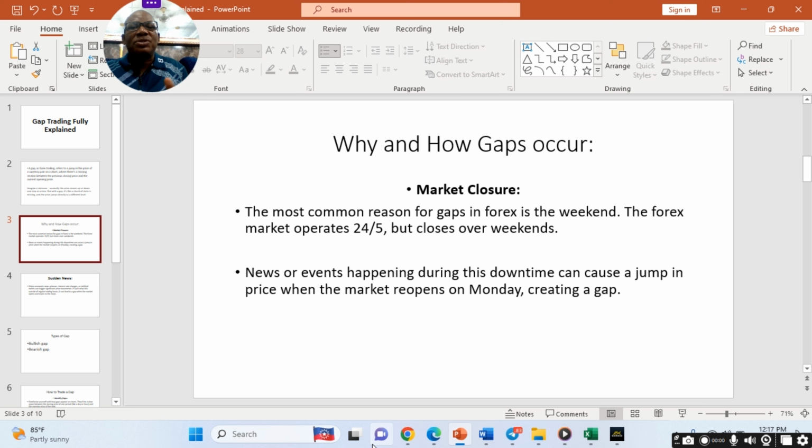Or the market is going on ordinarily, and all of a sudden a strong news comes, the death of a president, or the unemployment rate, things that will affect the economy of the currency pair you are trading. Then the market will jump in that direction.